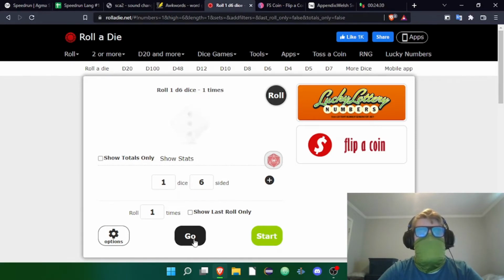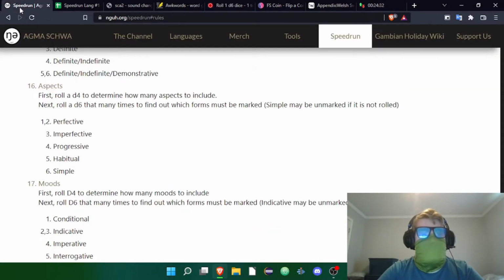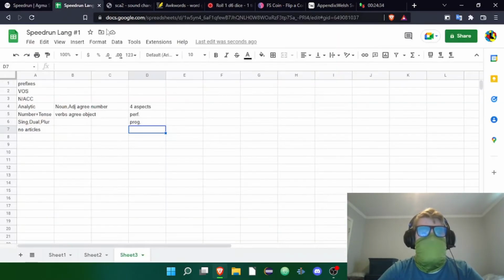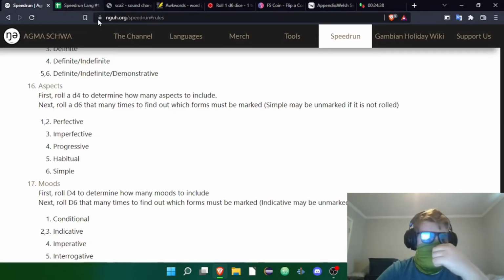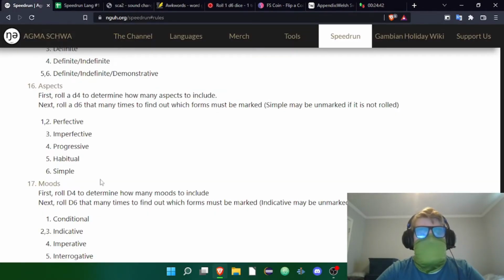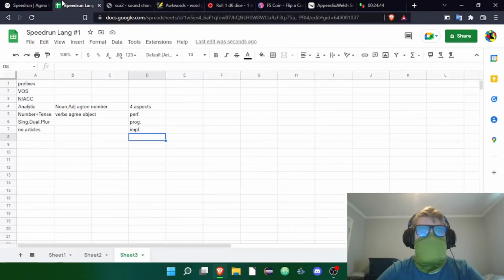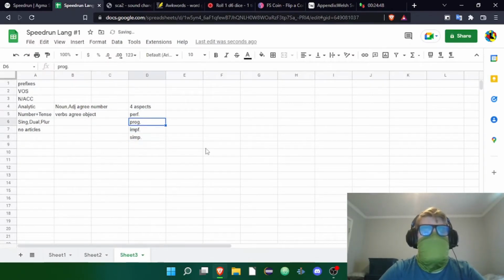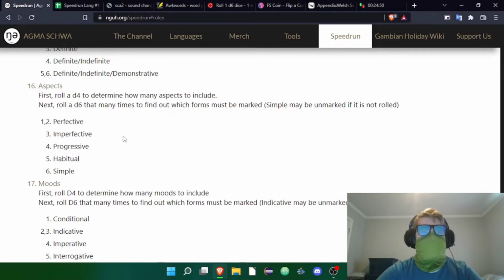That's perfective. 3 means we have an imperfective. There's that, and I do actually happen to know the difference between those two, which is great. And a 6, which means we'll have a simple, which is distinct from these three. So that's good.